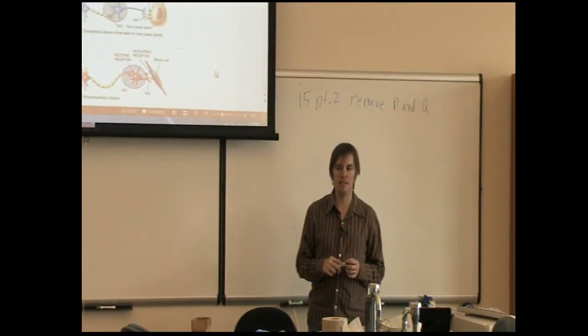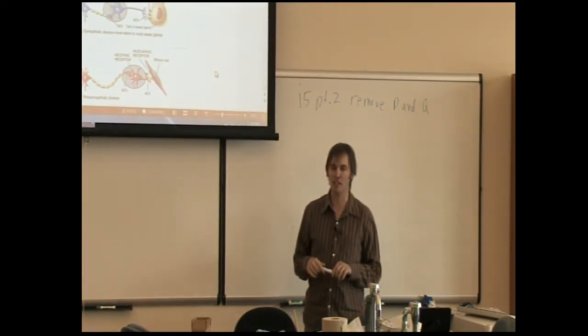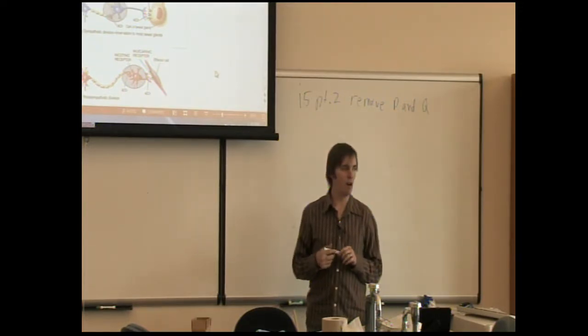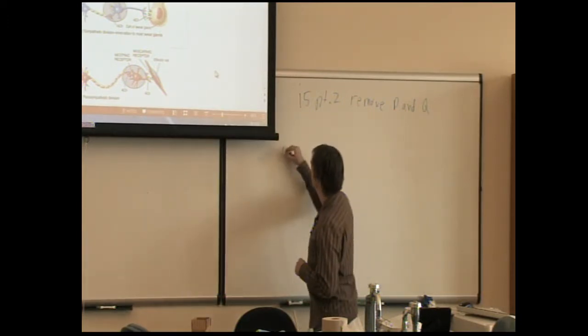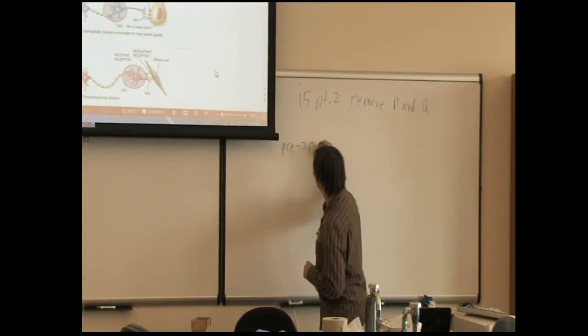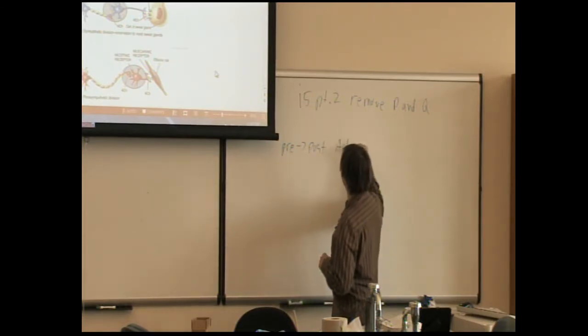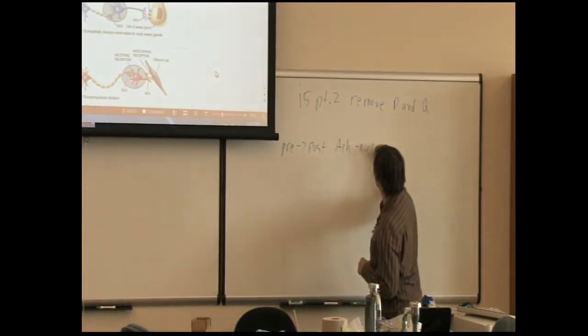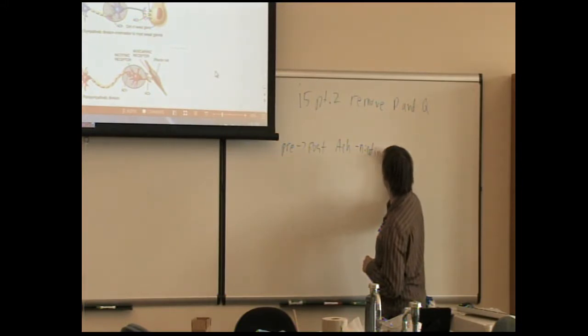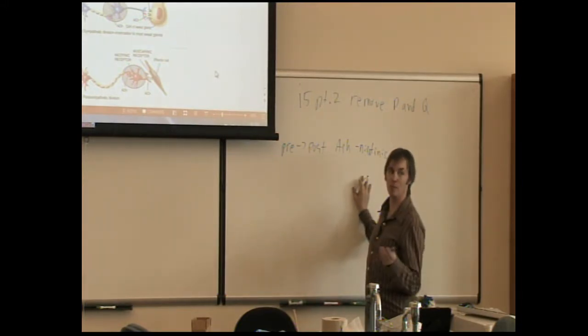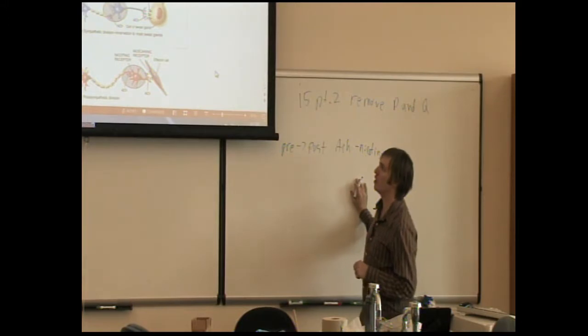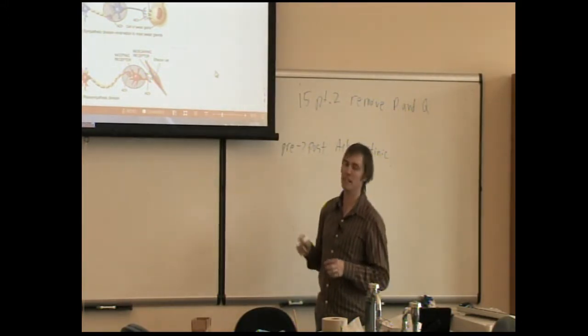Where the pre meets the post, or where the post meets the effector cell? Right? So if you know that pre to post is ACH and nicotinic, you know that's for both of them. And so then all you have to remember is the difference at the end.